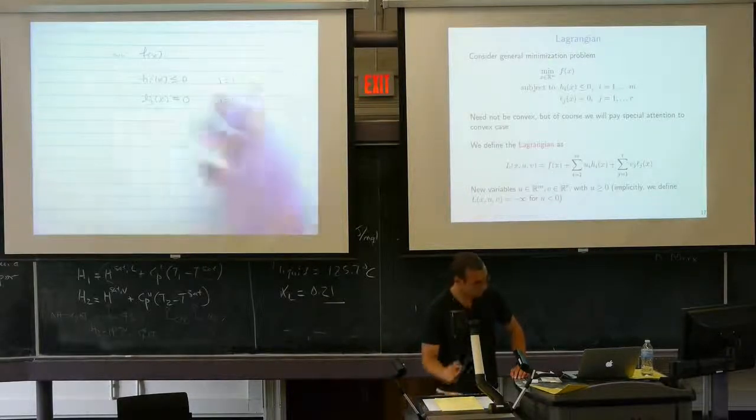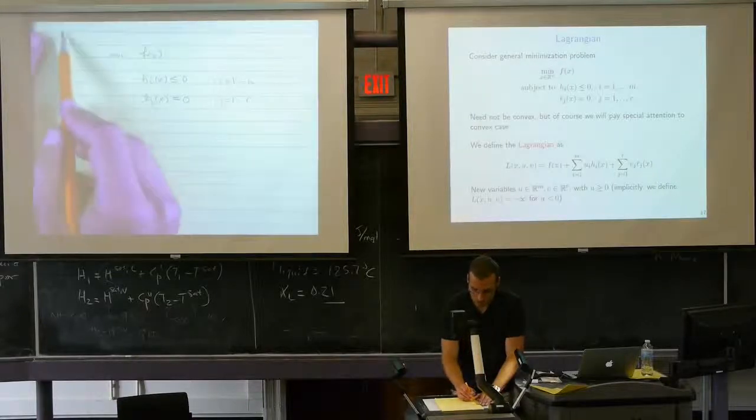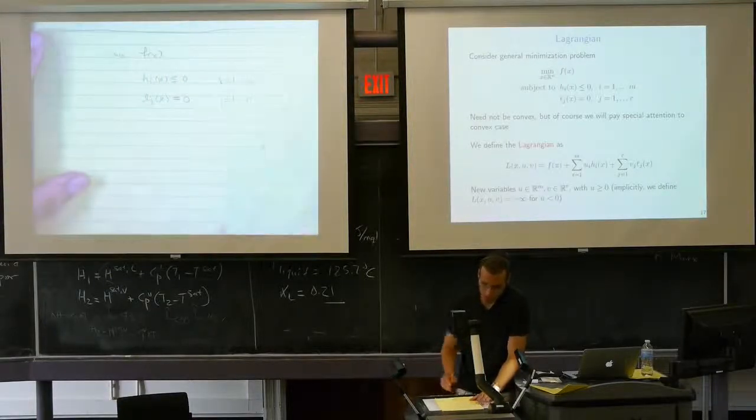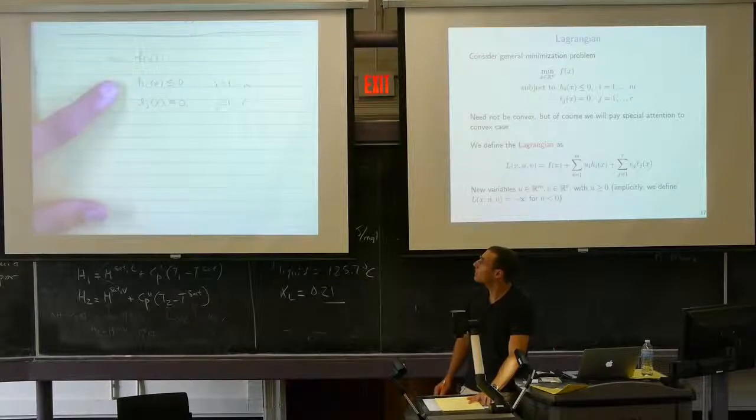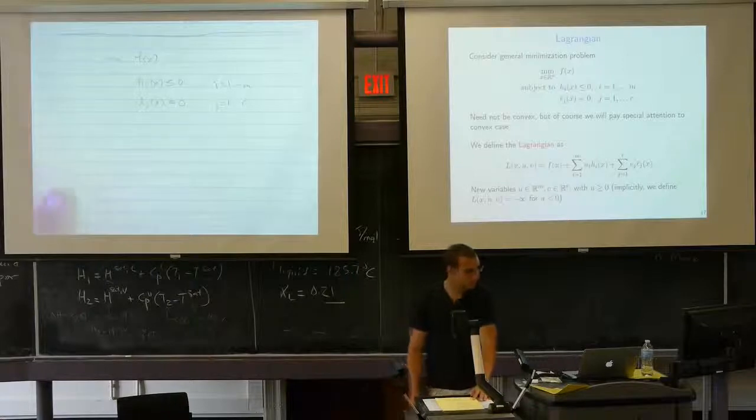Actually, at this point, I take that back. We're not going to even presume that this problem is convex. So f need not be convex, the h's need not be convex, and the l_j's need not be affine or linear. They can just be arbitrary functions as well. Of course, we're going to pay special attention to the convex case because we're going to say a little more in that case. But at least for now, we're going to be completely general.